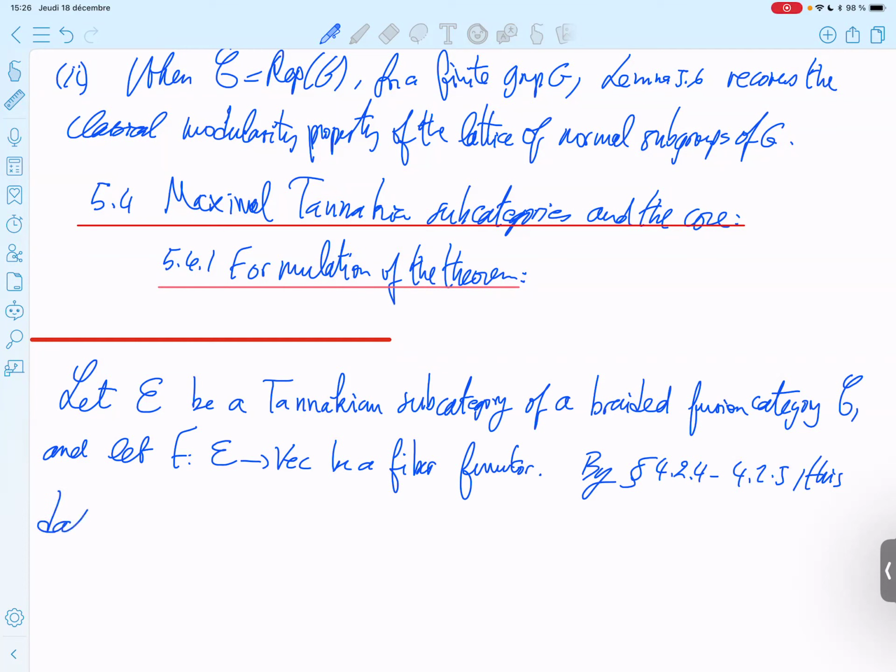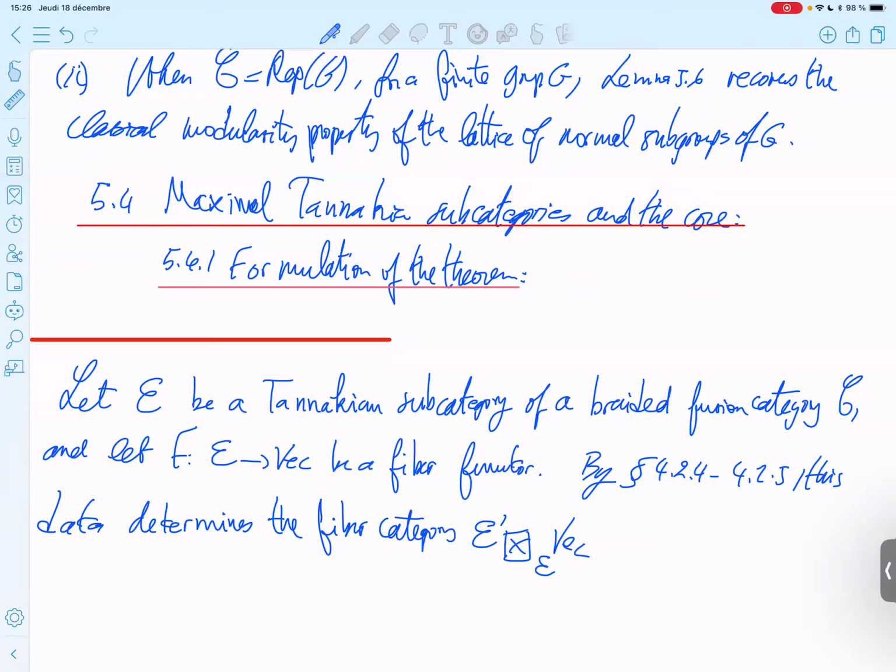This data determines the fiber category: the Müger centralizer of E, tensor over E, by VEC.